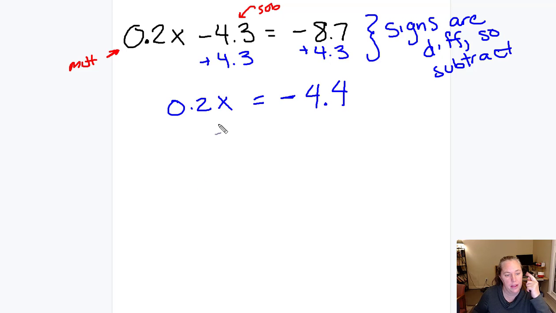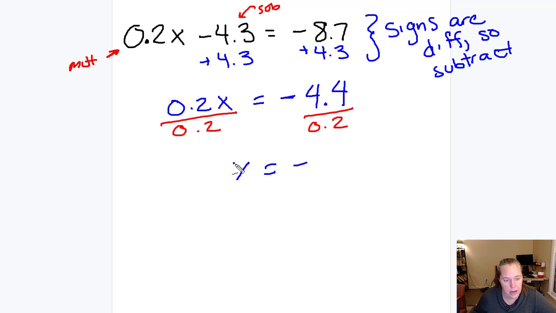See, we've almost got the x isolated. Okay, now our next step is divide both sides by 0.2. Okay, we have a negative divided by a positive, so our answer is going to be negative. We've got an x on this side because the 0.2 divided by the 0.2 cross each other out.